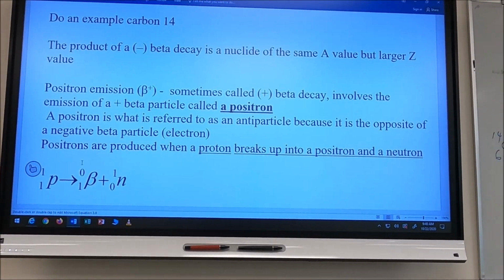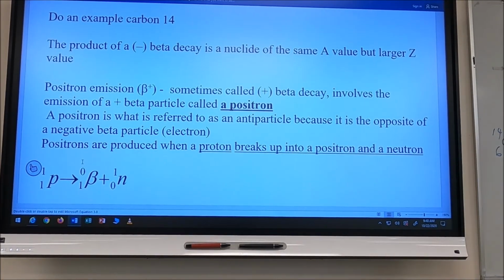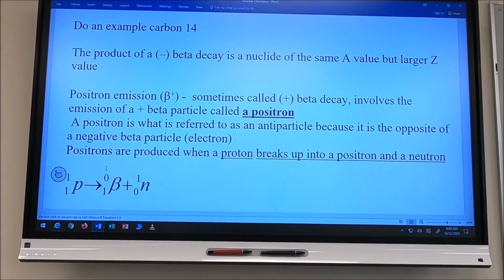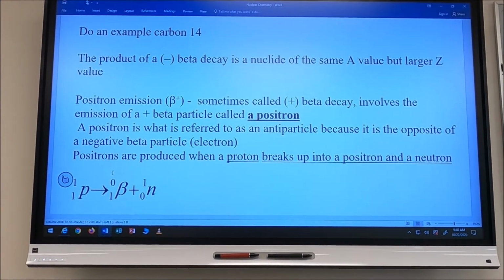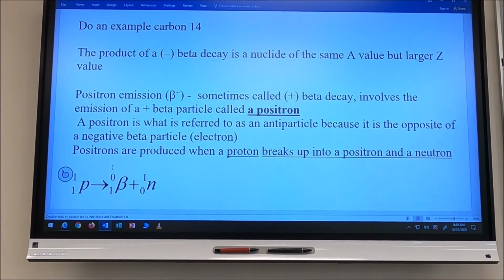Now, let's talk positron. You may have heard of something called a PET scan, and PET scans are related to positron emission.